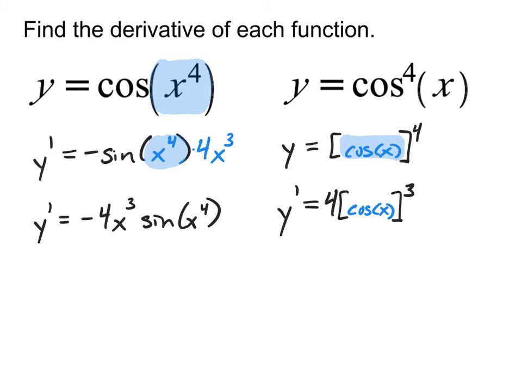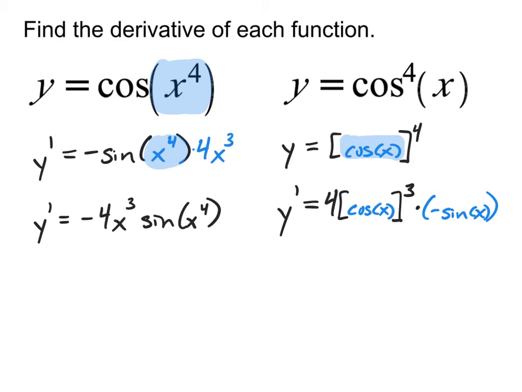Notice that the derivative of something to the 4th gives me 4 times the same something to the 3rd. It's just that with chain rule, I then have to multiply that by the derivative of that inner function. So now I multiply that by the derivative of cosine, which of course is negative sine. So I'm going to multiply that by negative sine of x.